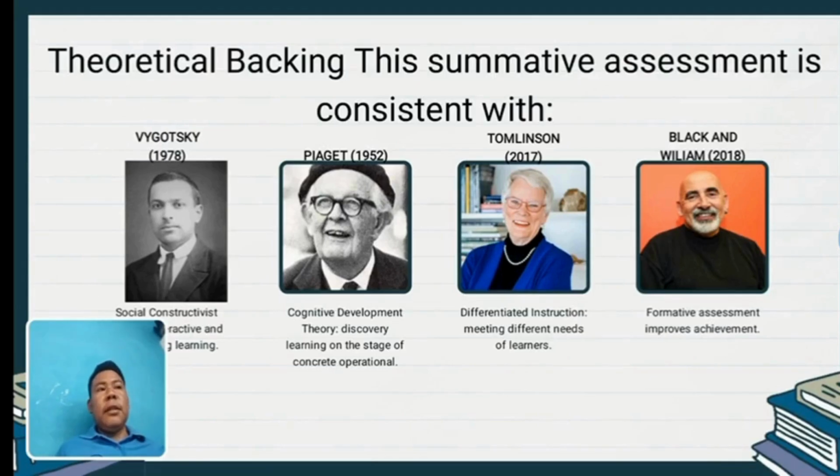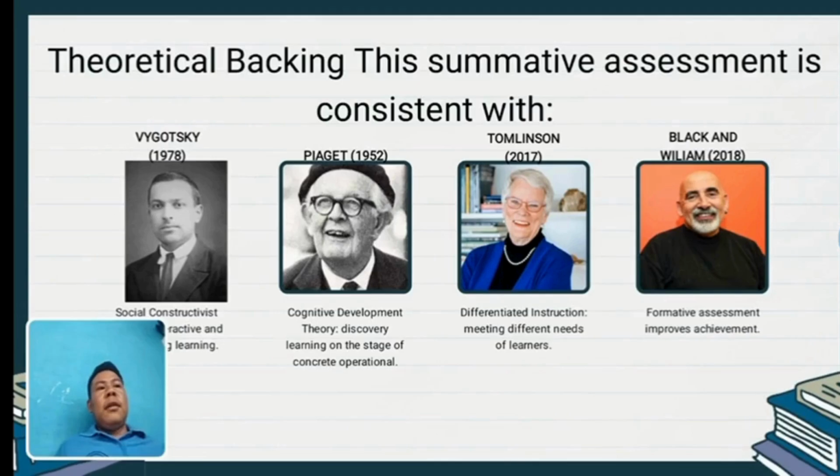Jean Piaget, 1952, in his cognitive development theory reminds us that children in the concrete operational stage learn best through hands-on experience. Our activities such as picture matching and role play allowed learners to actively explore and construct meaning through doing.